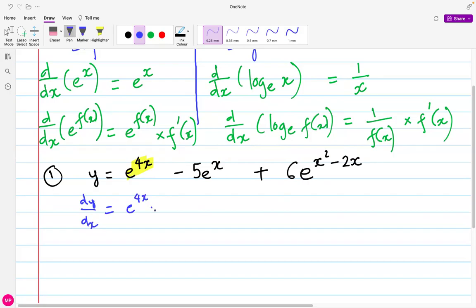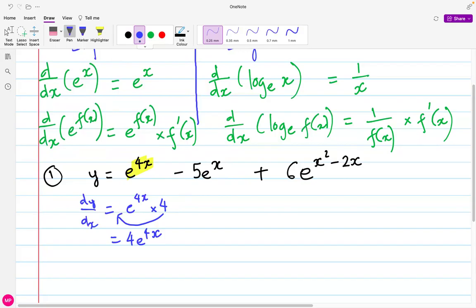And then you're going to times by the derivative of 4x, which is 4. There you go, you finish deriving the first term. Now you just make it nicer: you can put the 4 to the front as the coefficient, so you have 4a to the power of 4x. Then you're done.